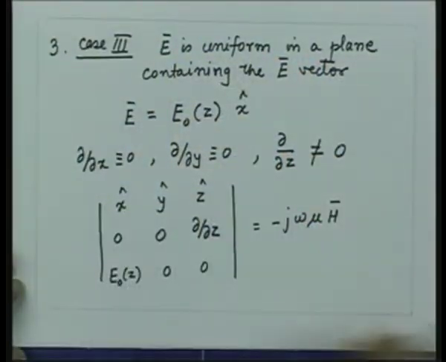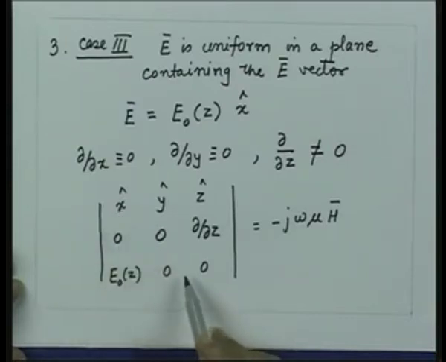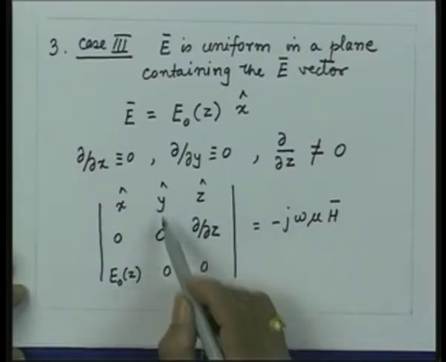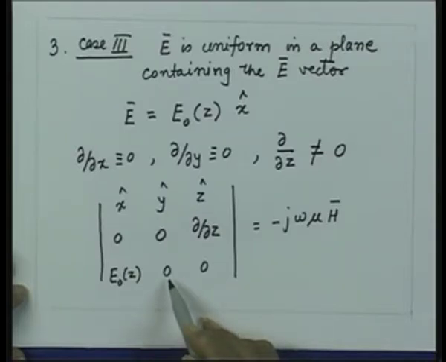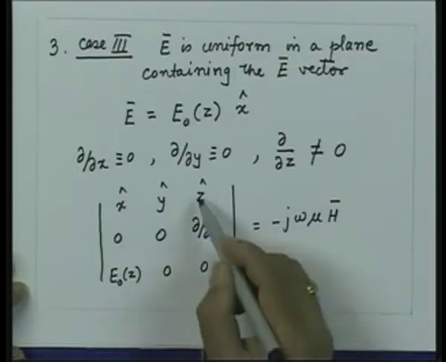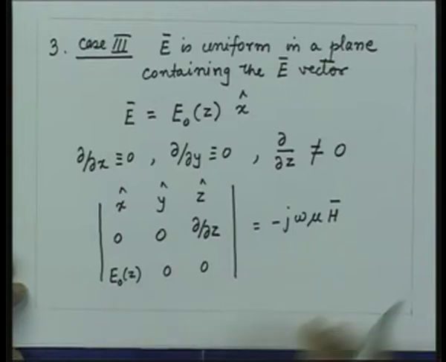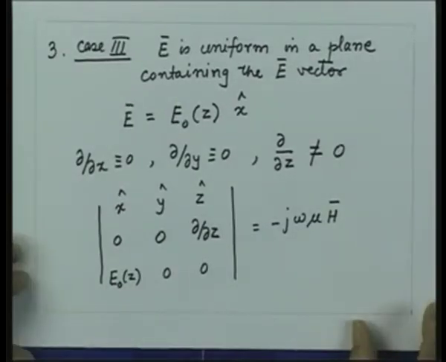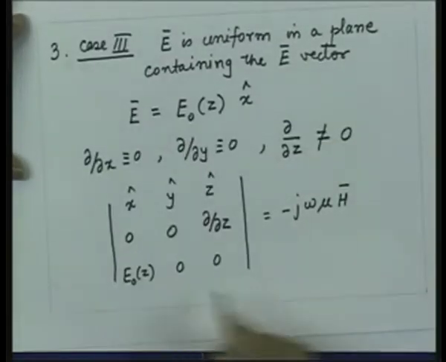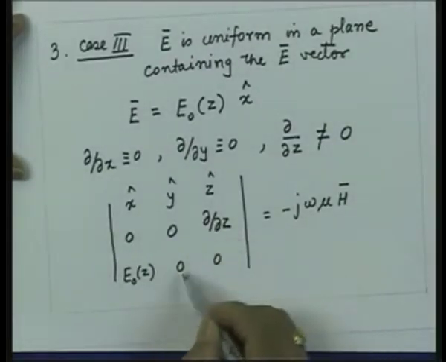I can expand this determinant. So, we can see here the x component of this will be minus d E0z by dz. Similarly, the y component will be d by dz of E0z, and the z component will be 0. So, if we expand, I will get the x component from here, that is this minus this, which is 0.